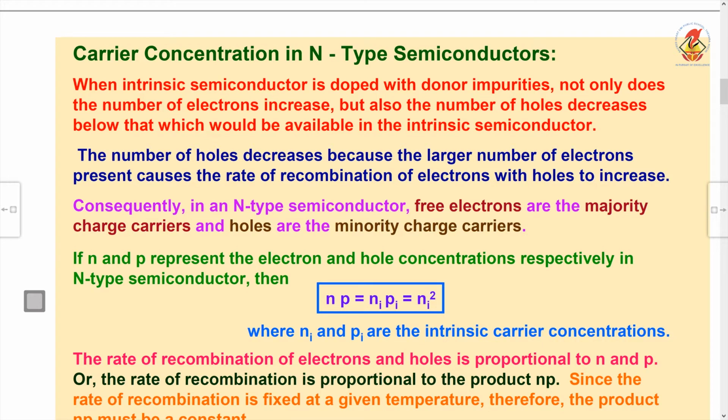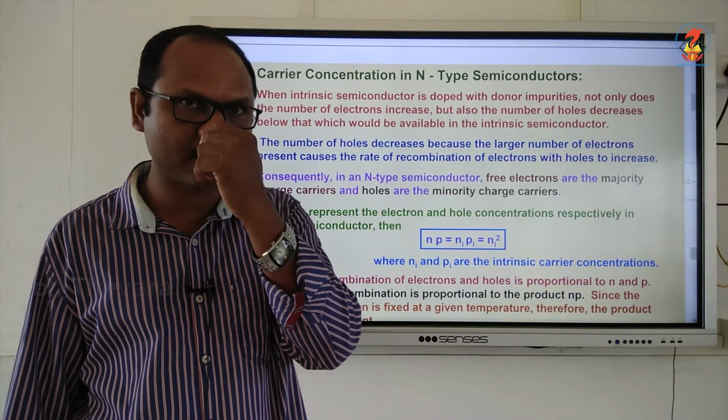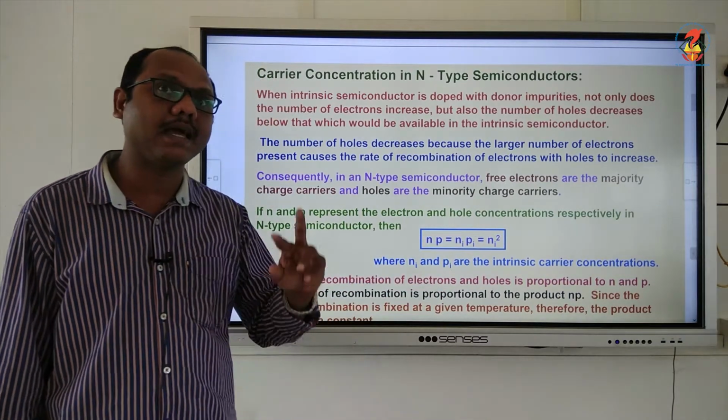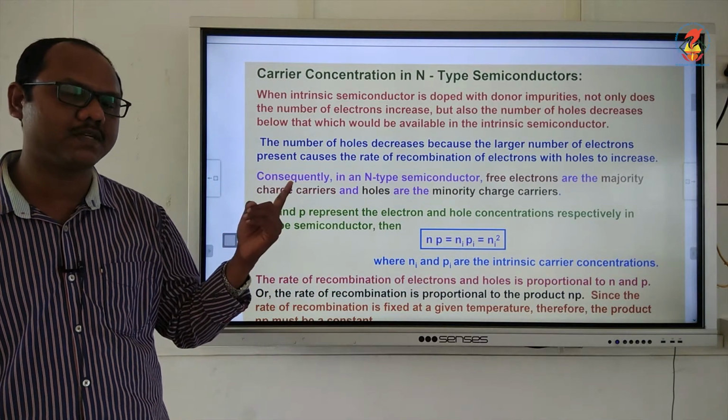Now, at any instant, if you take Ni into Pi or N into P, N means charge concentration of electrons and P means charge concentration of holes. So, N into P is equal to Ni square. And we already studied Ni and Pi are the intrinsic carrier concentration of pure semiconductors. And Ni equal to Pi, we studied in pure semiconductors.